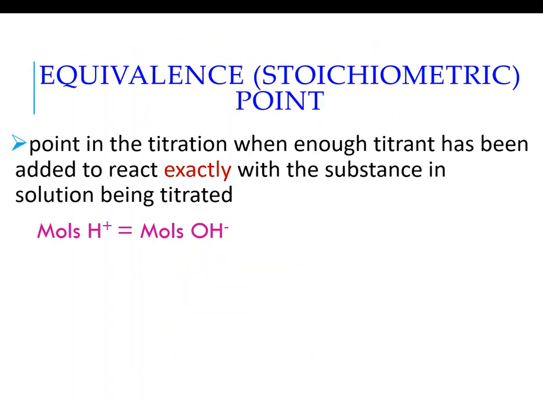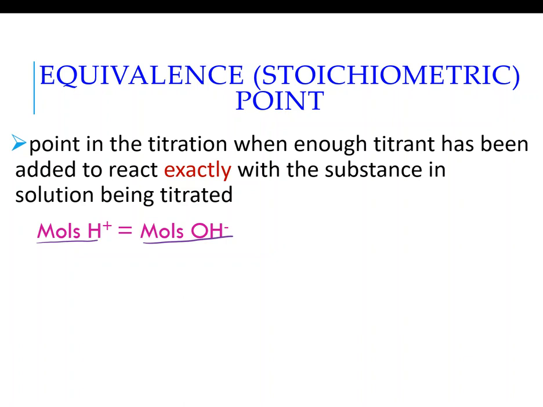So the equivalence point, what is it in terms of actual math calculation terms? Yes, it's a pH of 7 for strong, strong. But in math calculation terms, it's where the moles of the hydrogen are equivalent to the moles of the hydroxide, because we're getting pure water out.